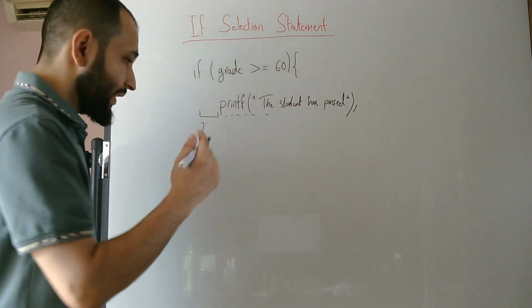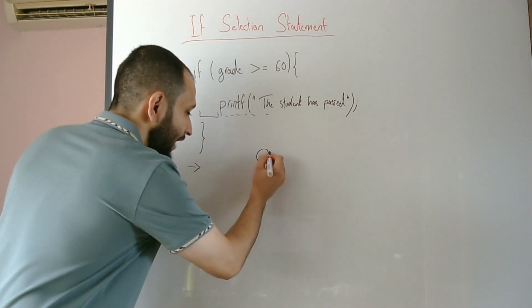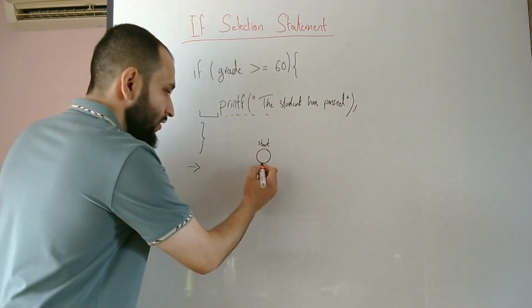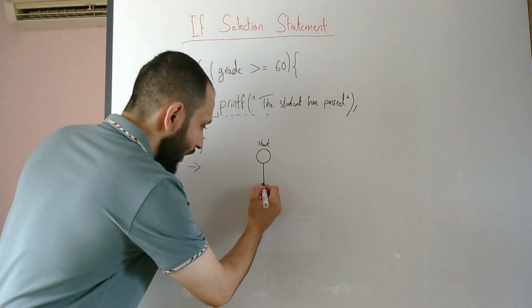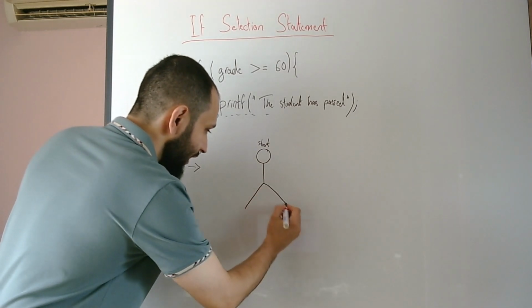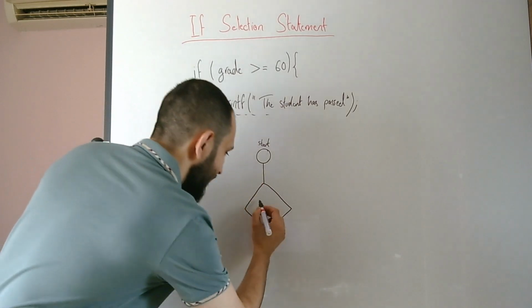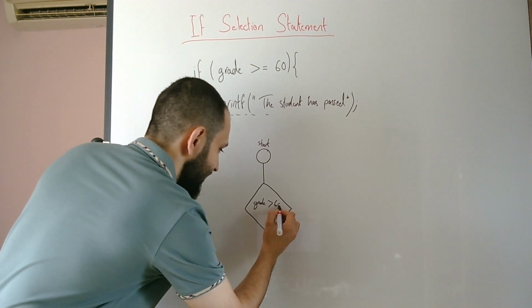The flowchart for an if statement is quite simple. Here we have the start of our program. Suppose that our program starts in here, and then here we can show a condition inside of a diamond. This diamond shape shows a condition for us: if grade is greater than 60.